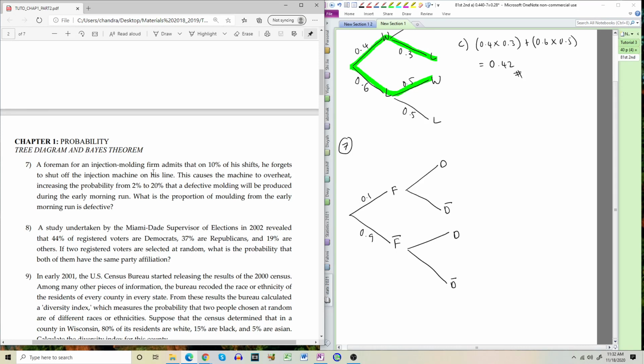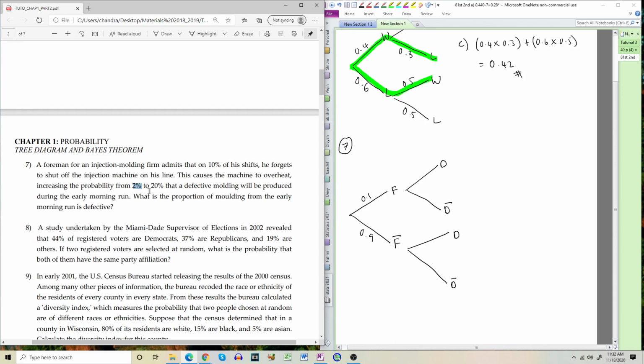Which means if he forgets to shut off the injection machine, the probability of producing defective products increases to 20%. If he doesn't forget, he shuts off the machine as it should be, and the probability of a defective product is 2%. Normal day means he shuts off the machine as normal.